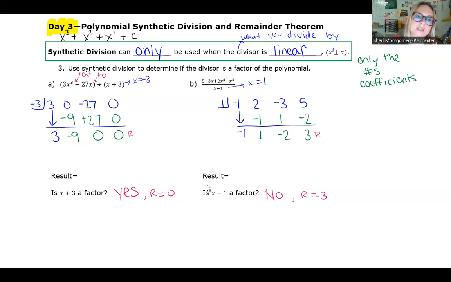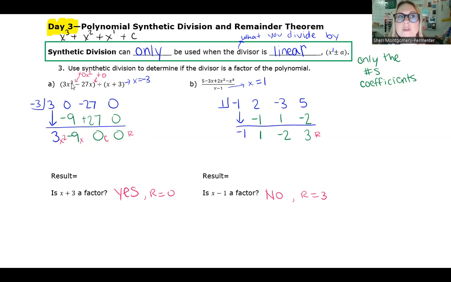To be able to write your result, we're going to write these, but you have your remainder, and then you start with the 1 over. So this is going to be my constant. This is going to be my x. This is going to be my x squared term. And when you do this, you'll always be 1 less degree.